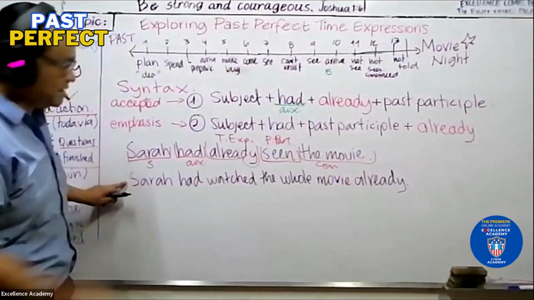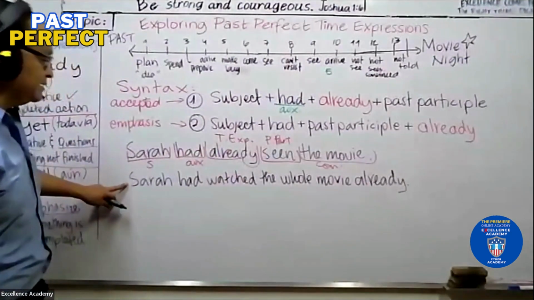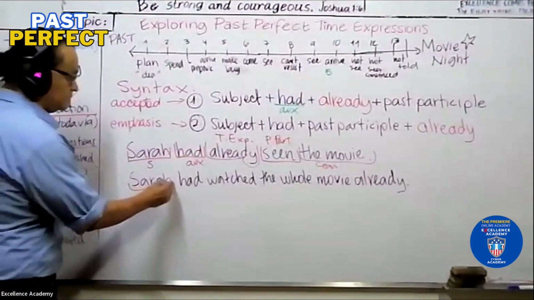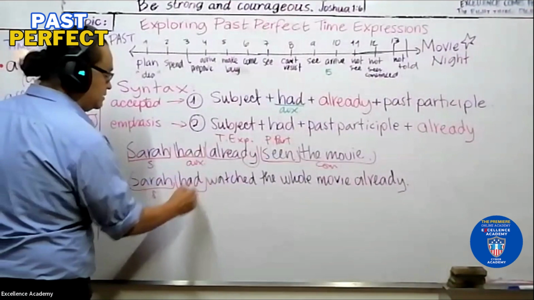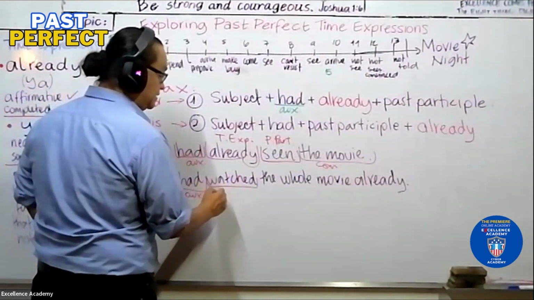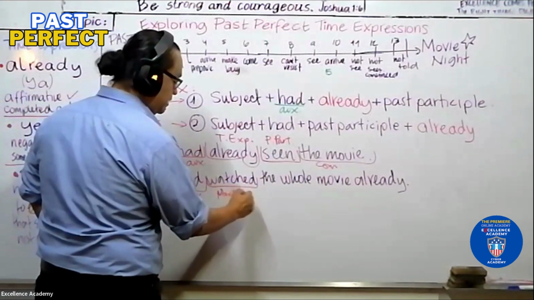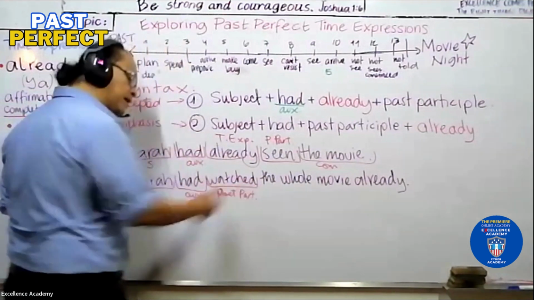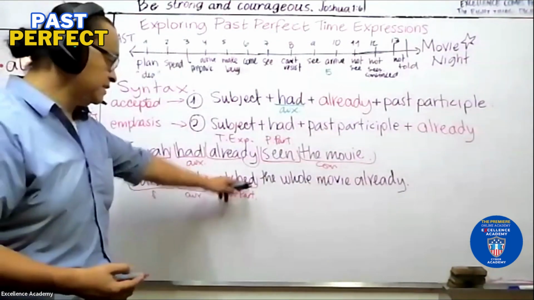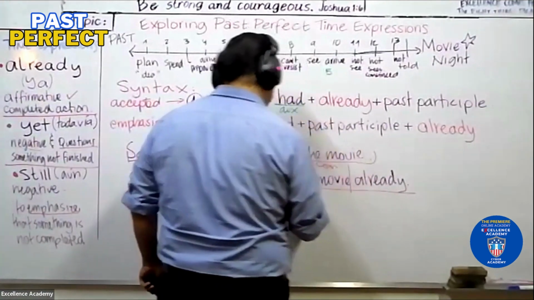So here I'm using the already at the end to emphasize the whole idea. Okay. Seeing the structure here again: subject, your auxiliary, watched, this is the verb in the past participle. It's a regular verb, so the past participle is the same, ed.